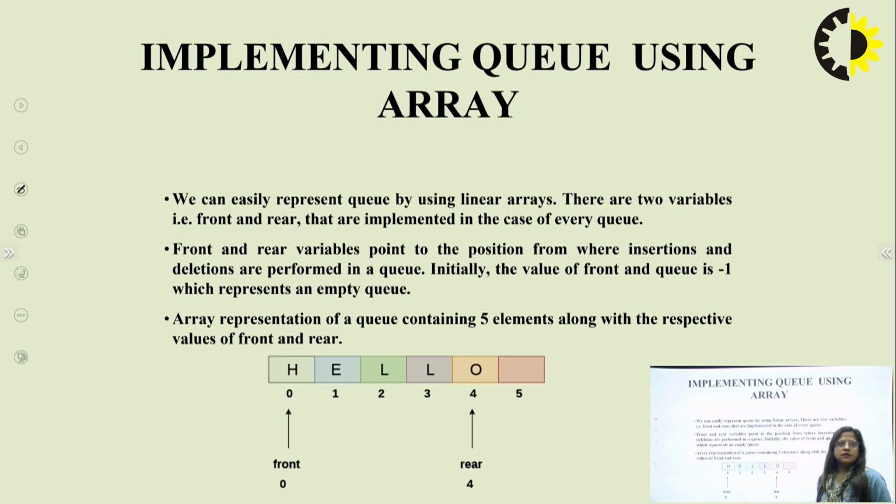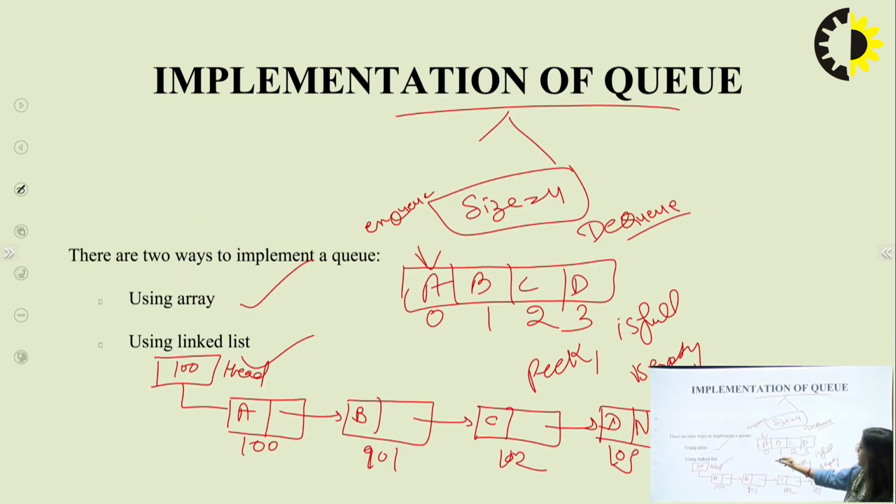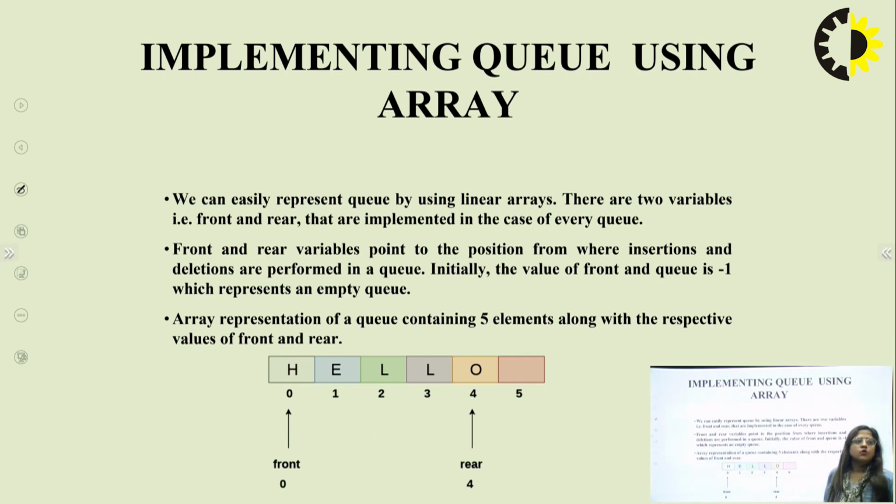Now the same thing for implementation of queue. We can easily represent the queue using a linear array. There are two variables, front and rear, that are implemented in the case of every queue.